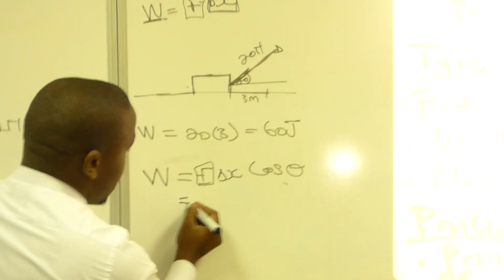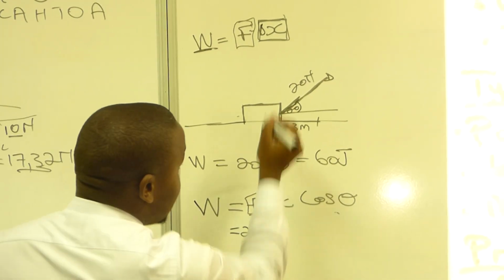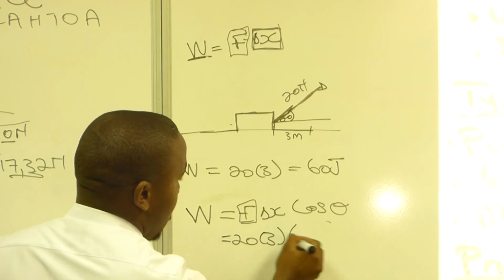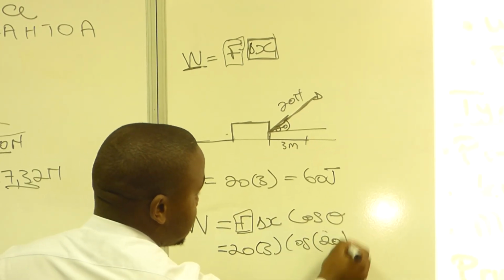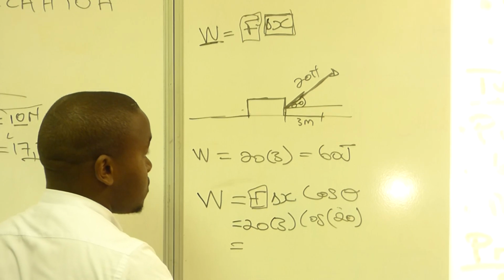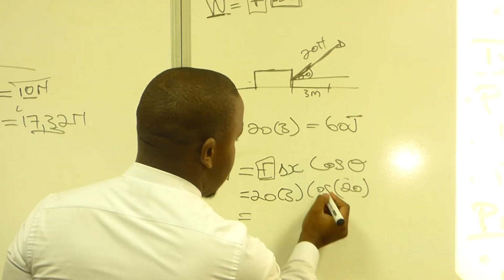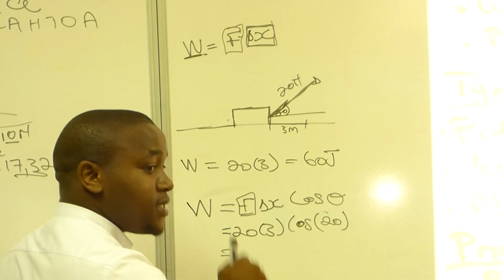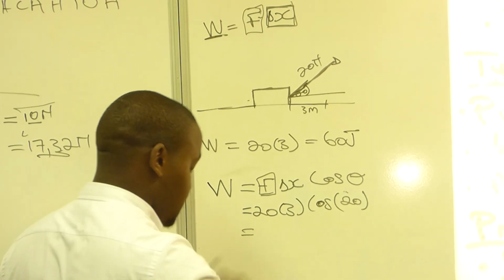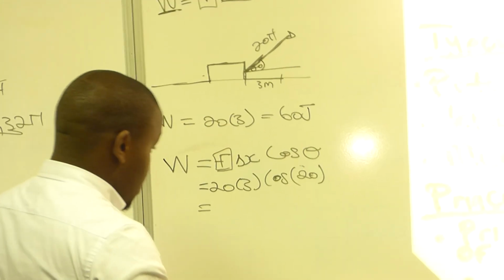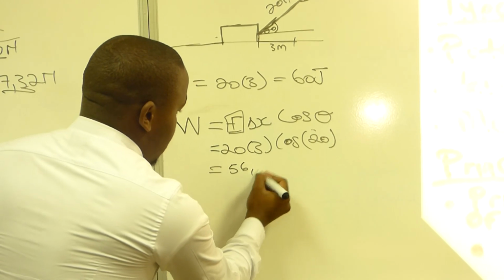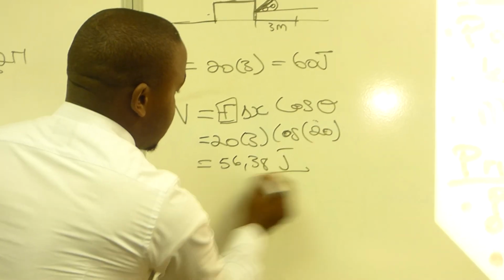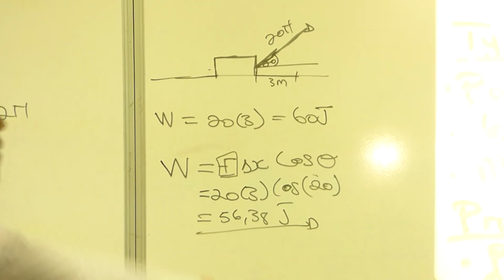Now, the force was 20, delta x is 3, cos of 20. What's the answer? 20 times 3 times cos of 20. That's 56.38 joules. Do you guys understand?